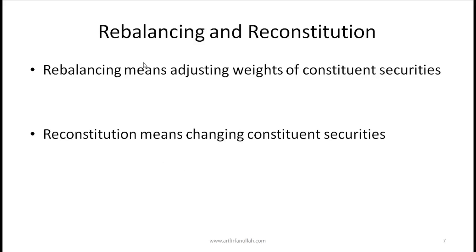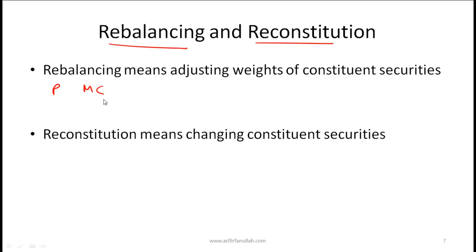Rebalancing and reconstitution, you just need to know the meanings of these terms. So rebalancing simply means adjusting the weights of constituent securities. Notice that with price weighted and with market capitalization weighted, we don't really need to worry about rebalancing, because when price changes, automatically the weightage adjusts.